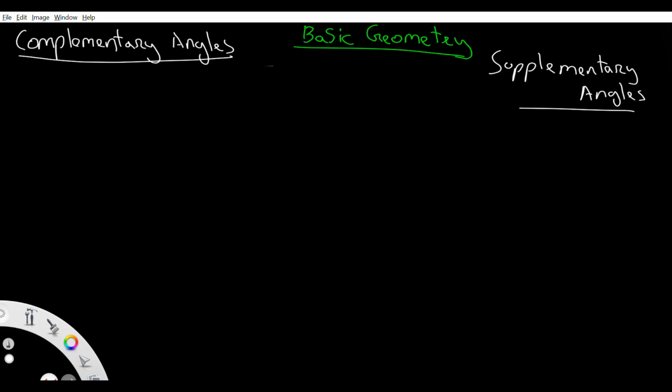Let us now look at complementary angles and supplementary angles. So what does it mean by complementary angles? Complementary angles are angles that add up to make 90 degrees.